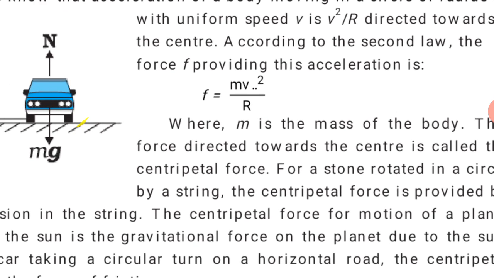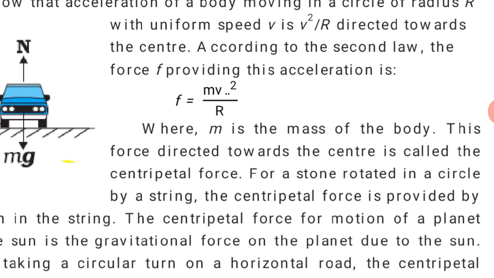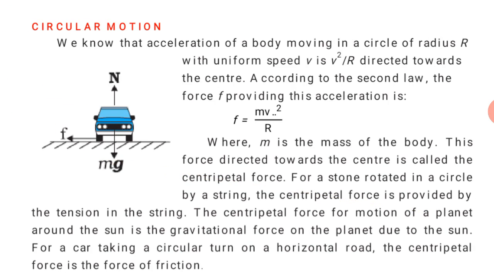Where m is the mass of the body, and v is the uniform speed, uniform circular motion, and r is the radius of the circular path. This force is directed towards the center and is called the centripetal force.